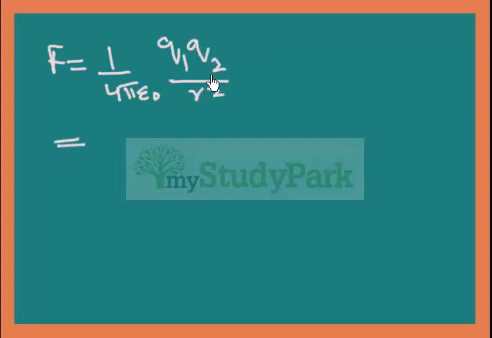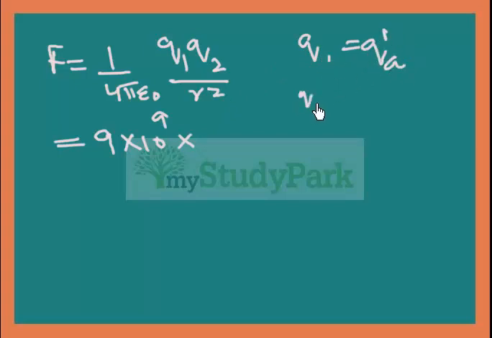Now we are supposed to find the values after the contact of charge C took place. So you have 1/(4πε0) given by 9 × 10^9, and the new values Q1 equals QA dash and Q2 equals QB dash.